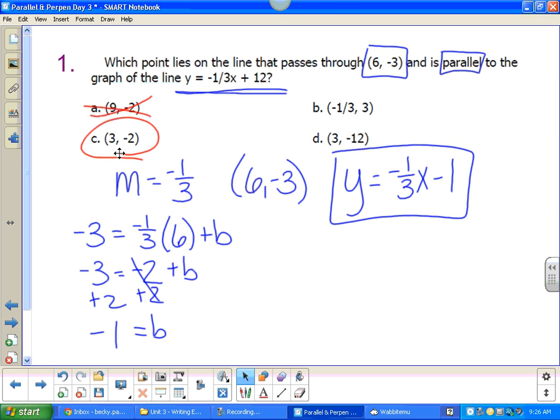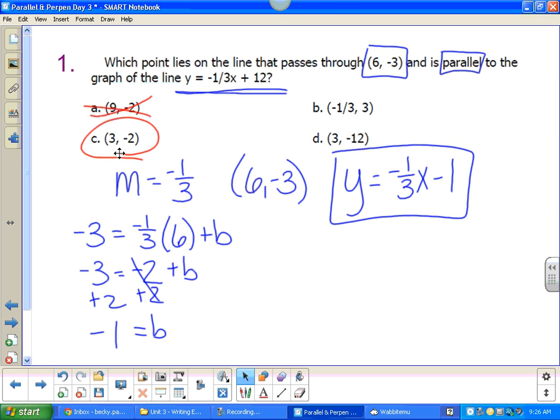Okay, so let's recap what we did. I took my slope, which is supposed to be parallel, so I knew my slope was going to be -1/3, and I took my point (6, -3). I plugged it all into my y = mx + b to get my b, and then I wrote the equation of my line.